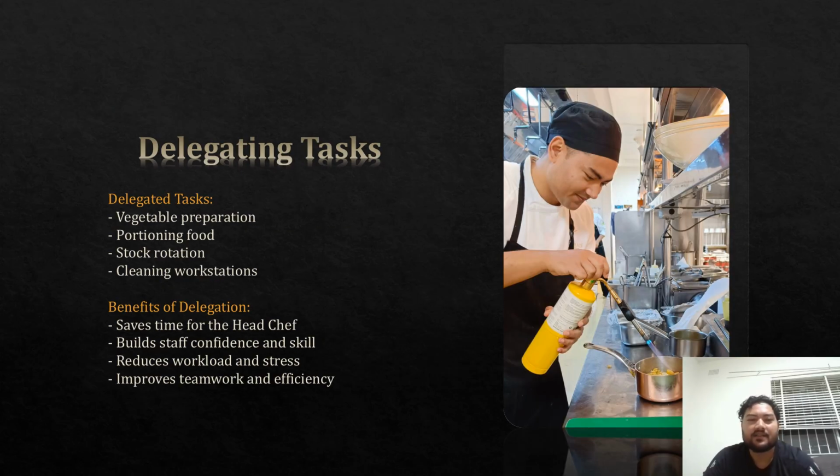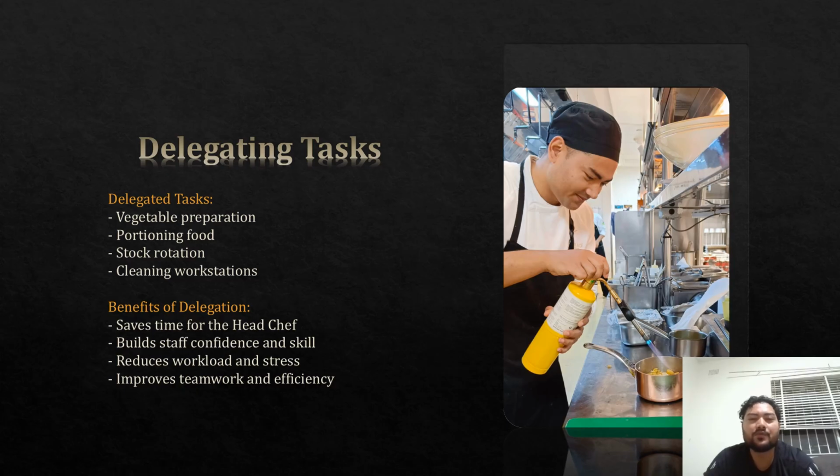Delegating the tasks. As a head chef, we need to delegate some tasks like vegetable portioning, portioning food, stock rotation, cleaning stations. Being a head chef is too much job. You have a lot of work pressure and stress, because as a head chef you cannot do the work from top to bottom.